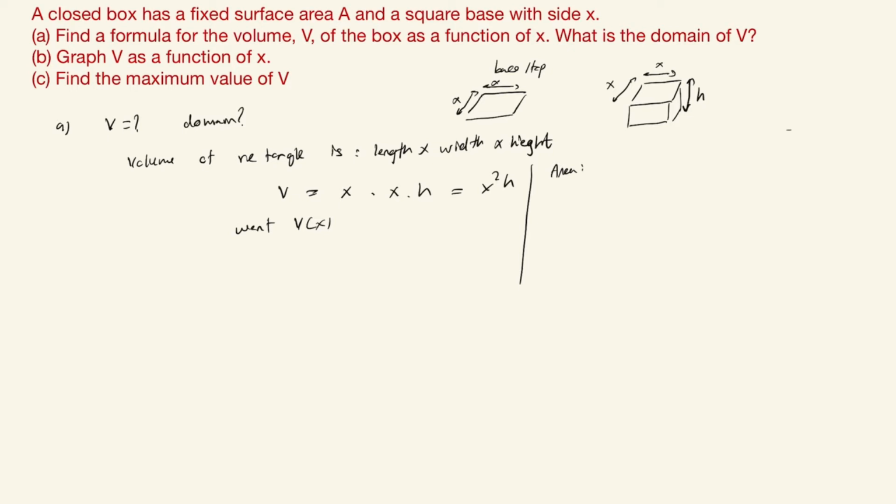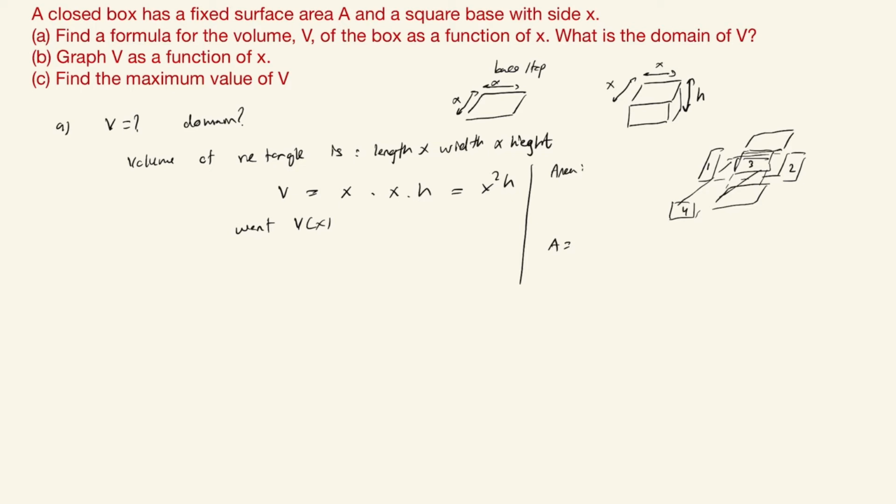So let's move to the surface area. Note in here, if we have an exploded view of the rectangle from this closed box, what we're going to have is 1, 2, 3, 4, 5, and 6 areas. So we have areas 1, 2, 3, and 4.